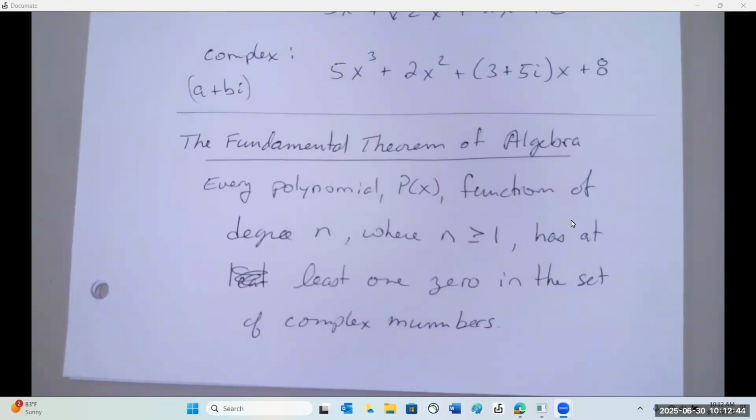What does that mean? Every polynomial function p of x of degree n, where n is greater than or equal to 1, has at least 1 zero in the set of complex numbers.